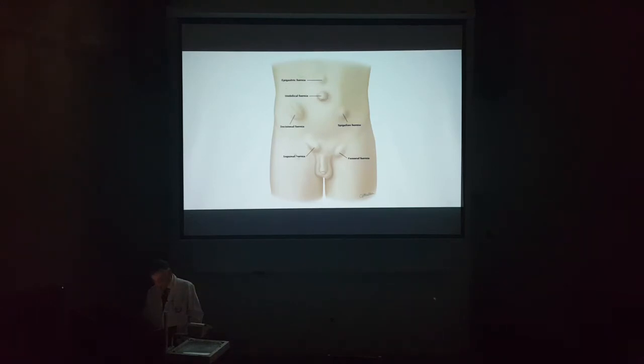This is the anterior abdominal wall, and last time when we discussed the anterior abdominal wall, normally it is very strong, but sometimes it has weaknesses, and things go out of the abdominal cavity through these weaknesses. If it is in the epigastric area, we call it epigastric hernia. If it is in the umbilicus, we call it umbilical hernia.